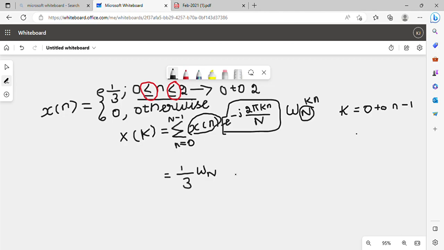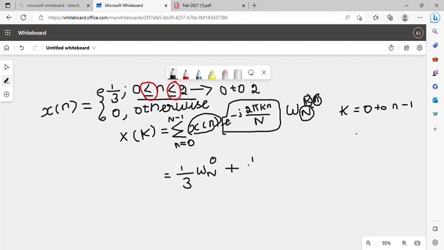First your k is equal to 0 and n is equal to 0. So I get omega n to the power of 0, because the starting value of n is 0 and this k is 0. So you are going to get omega n to the power of 0 itself.